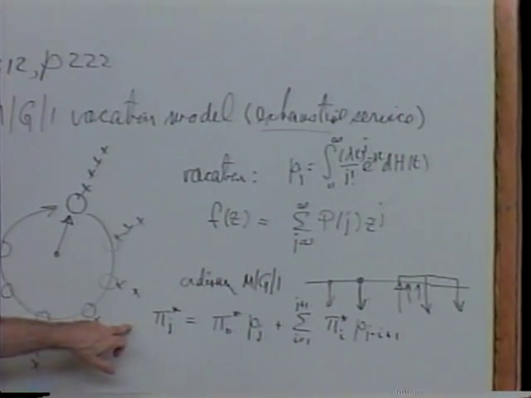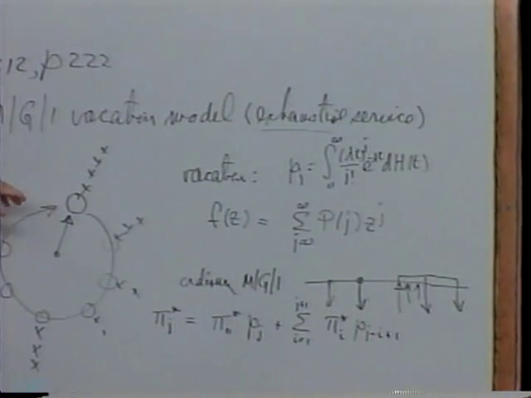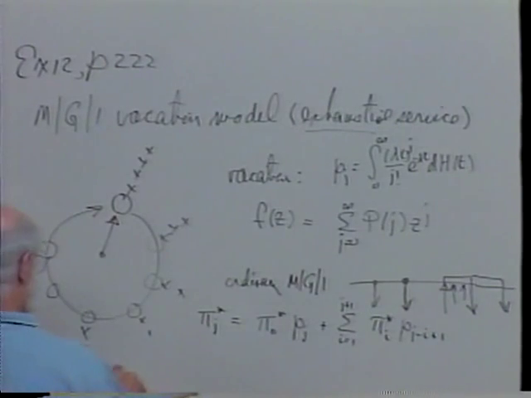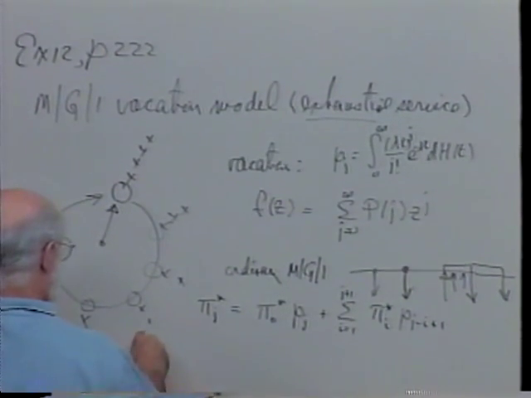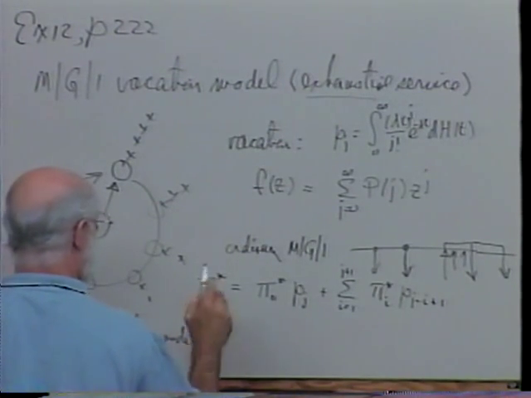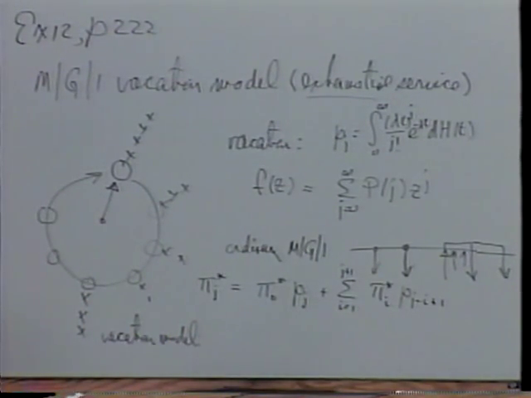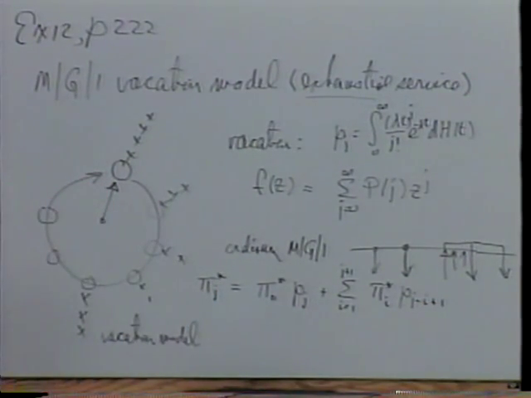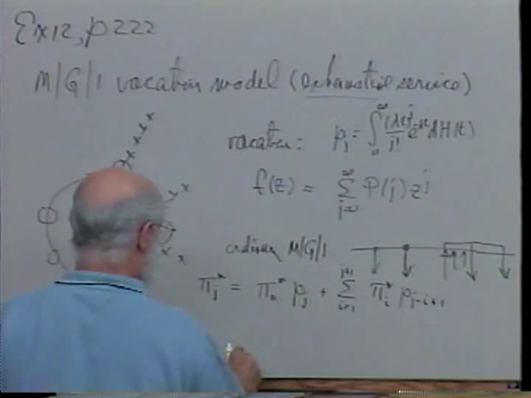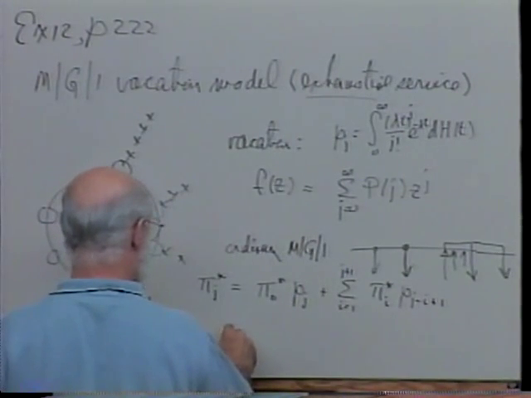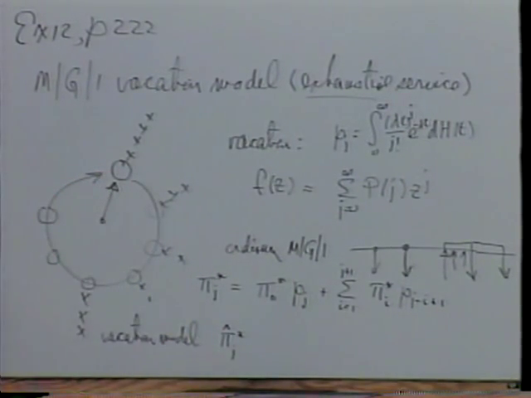Now, the reason I want to write that down is that I want to write down the corresponding equation for the vacation model. So now I'm going to, again, embed a chain at the service completion epochs, just as before. Now I'm going to call the probabilities pi j star hat.